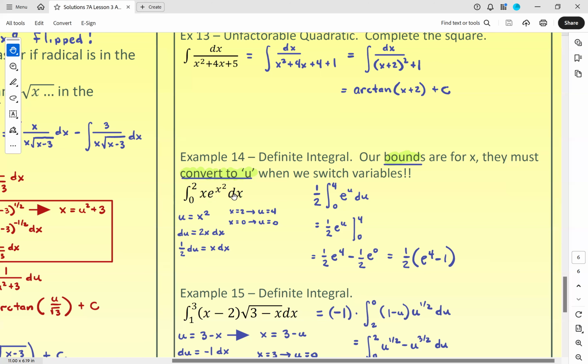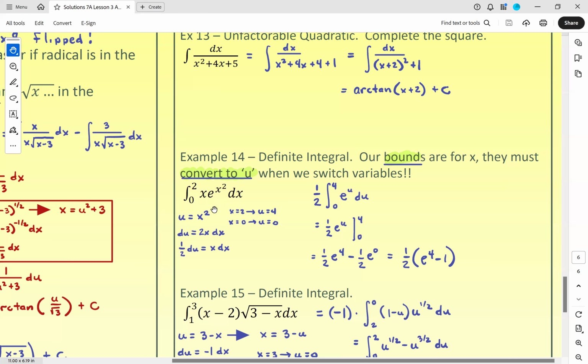But after that, I'm going to specifically look at my two original x bounds and just plug each one into this conversion equation. If x was 0, well, it turns out u would also be 0. So the lower bound, it doesn't seem to change. But if x is 2, u would be 4.